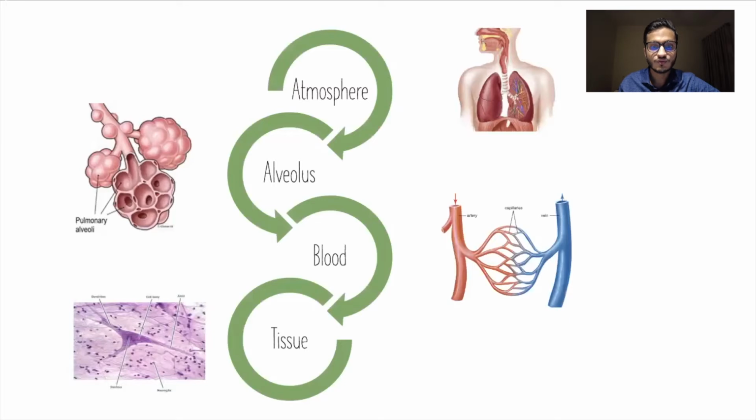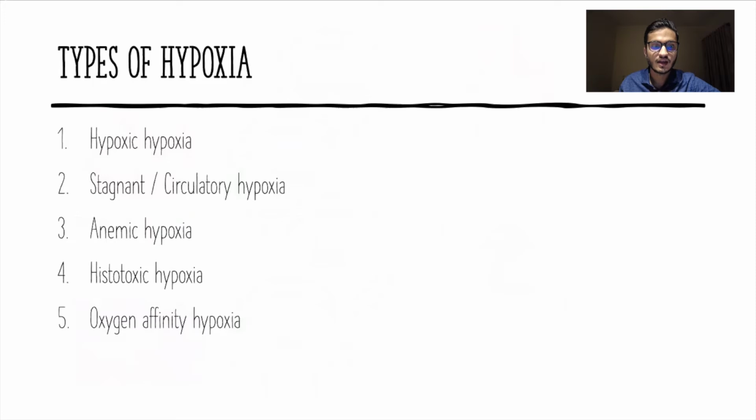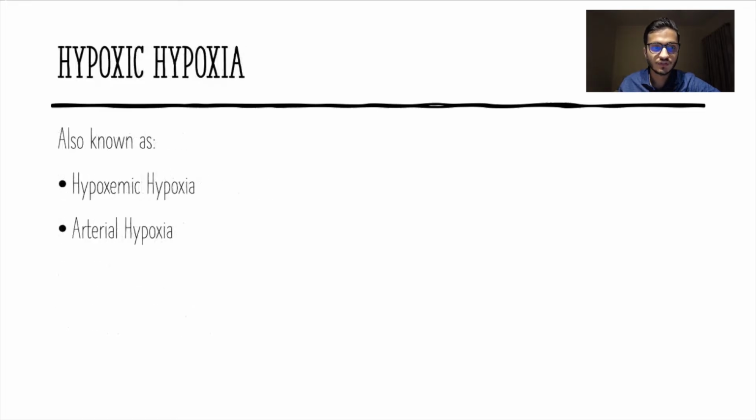So based on where there is pathology, we divide hypoxia into various types. That is hypoxic, stagnant or circulatory, anemic, histotoxic, and there's a new terminology called oxygen affinity hypoxia. So first, talking about hypoxic hypoxia, which is also known as hypoxemic or arterial hypoxia.